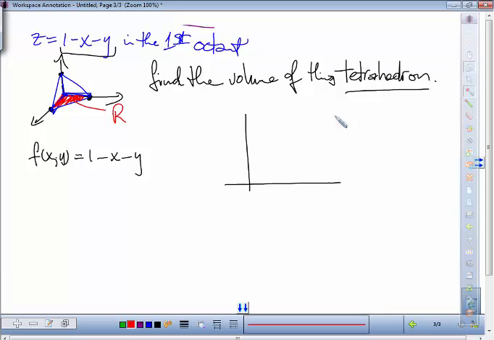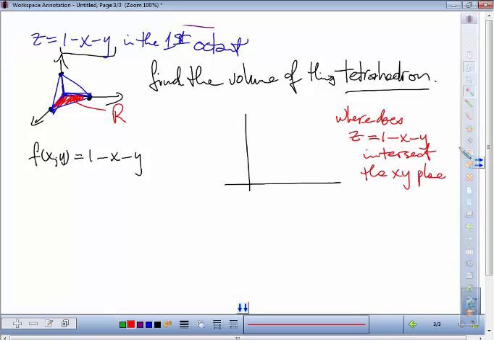So where does z equals 1 minus x minus y intersect the xy plane? Earlier I asked you where it's going to hit the z-axis or x-axis or y-axis. This time I'm asking you something a little bit different. Same ideas though. Where does this intersect the xy plane? What do you do?